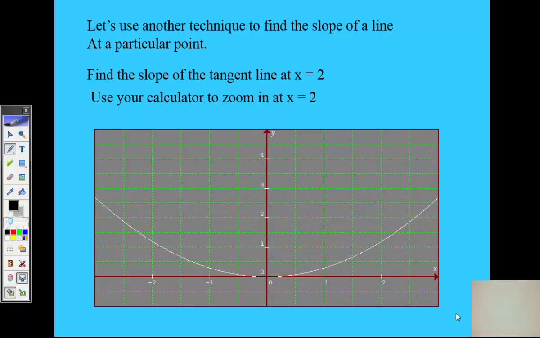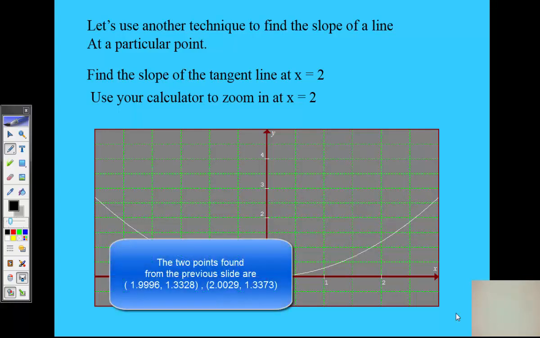Here we have a function y equals, I believe this is 1/3 x squared, and we're trying to find the slope of the tangent line at x equals 2. What we're going to do is graph this in our graphing calculator and then choose the zoom feature and zoom in closer and closer until the function actually looks like a straight line at that point.